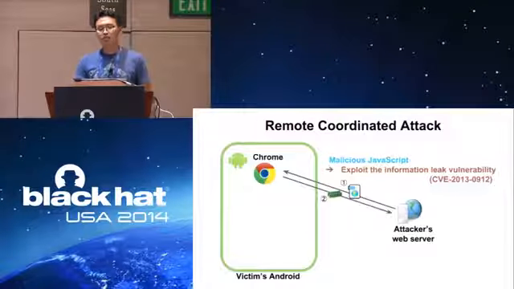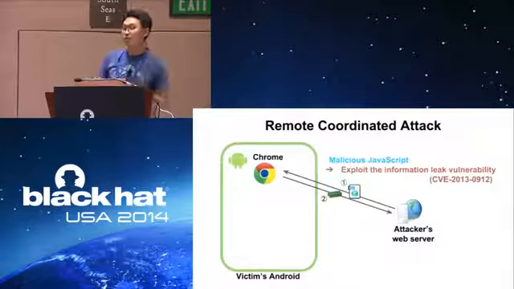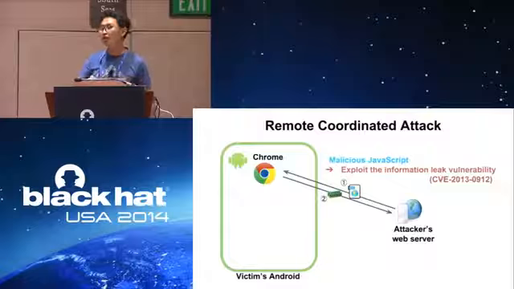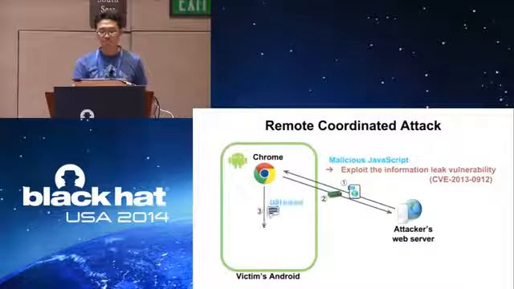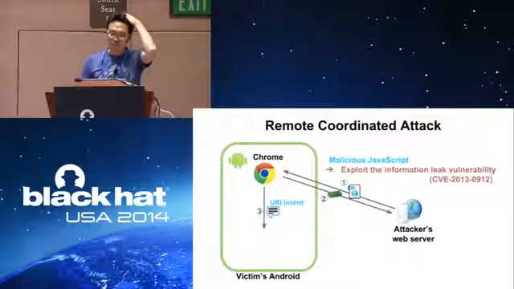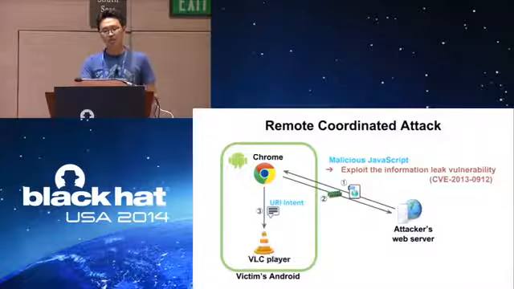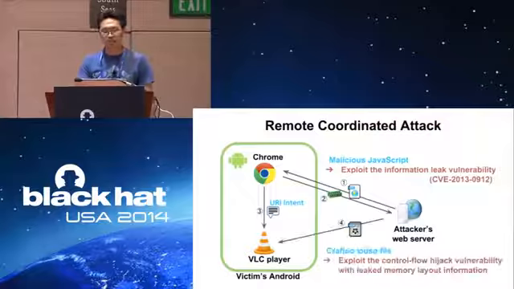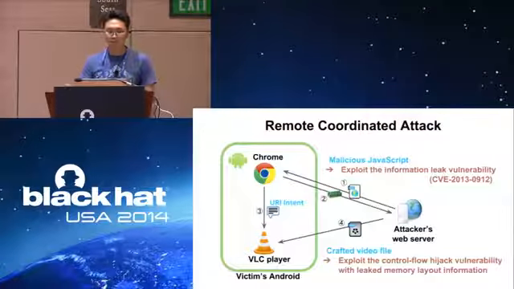After that, using the same JavaScript file, we send the memory layout information back to the attacker's web server. Then, using a URI intent from the JavaScript, which is simply the open function in JavaScript, if you specify a target URI with a specific application's registered intent, you can automatically launch the VLC player with a specific URL.